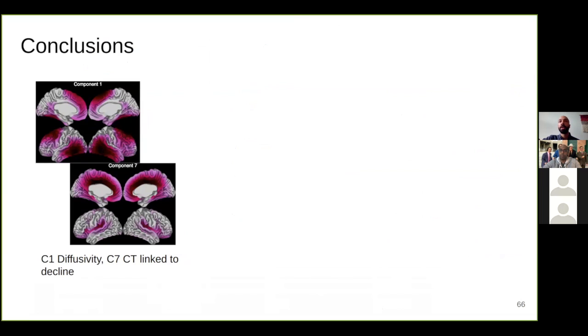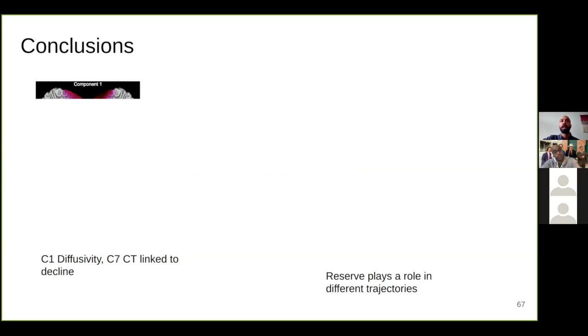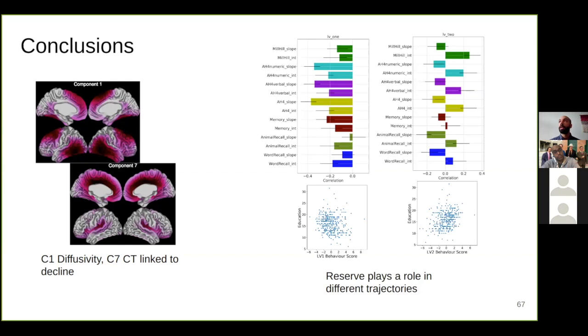And so I have some brief conclusions from this project. In terms of the component maps, component 1, diffusivity, and component 7, cortical thickness, were common to decreased decline. And then looking at the two patterns of LV1 and LV2, education, which is sometimes a proxy for cognitive reserve, was at play in both of them.